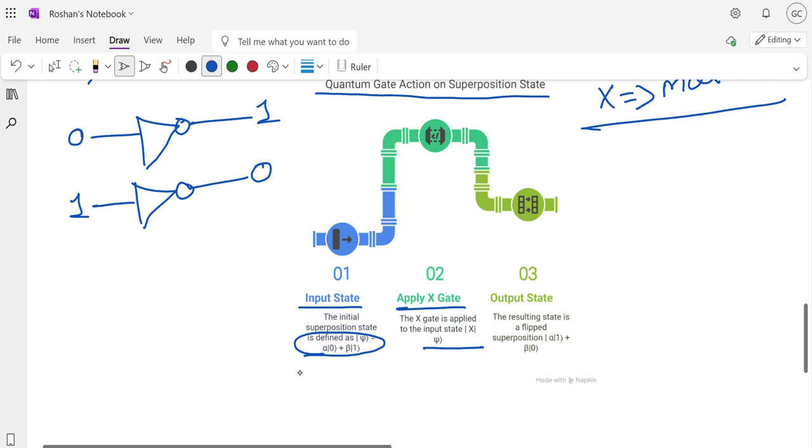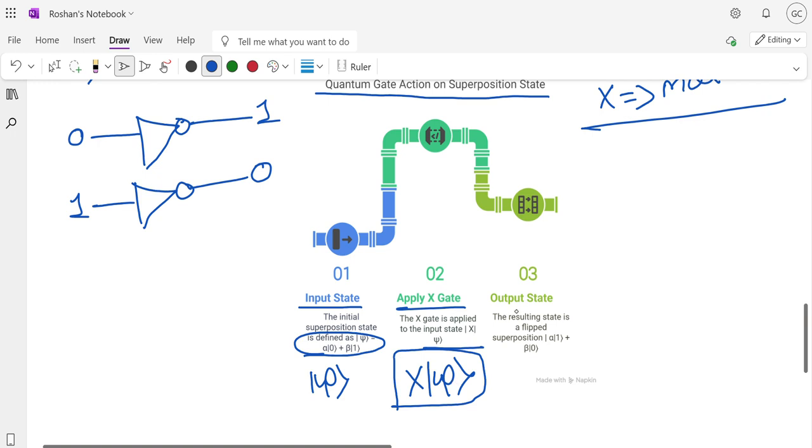So how will we represent this? Since they have considered psi as our superposition state, the representation will be X|psi>. If you are performing any gate operation, you need to write the gate first and then your input state.